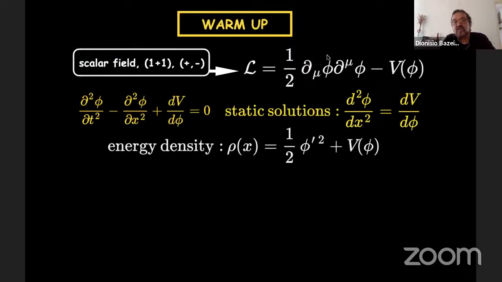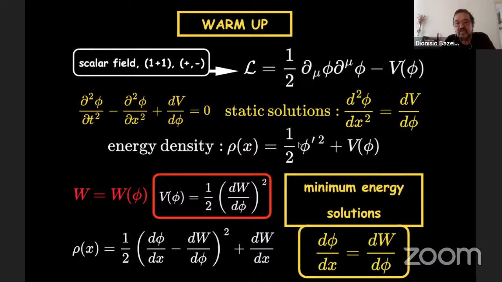If you add another scalar field, and the second field modifies the kinematics of the first field by a function f of chi, this contributes to the energy. It is going to appear another term, f of chi, in the energy.